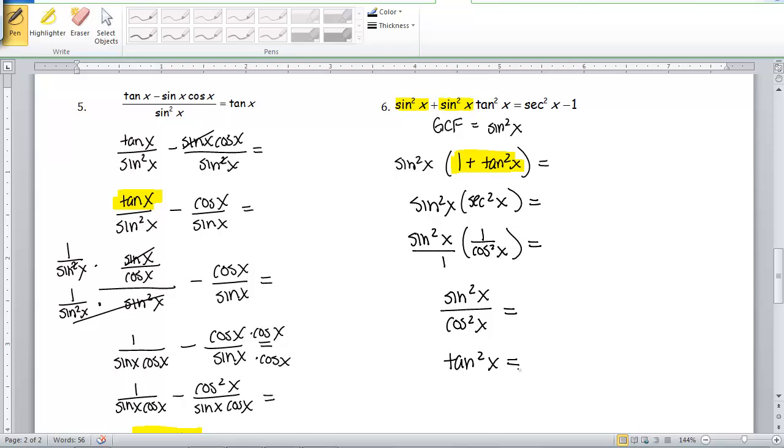That's very close to what I want, but you must remember you're not always simplifying. In this problem, I actually wanted the Pythagorean identity that tangent squared is equal to secant squared minus 1.